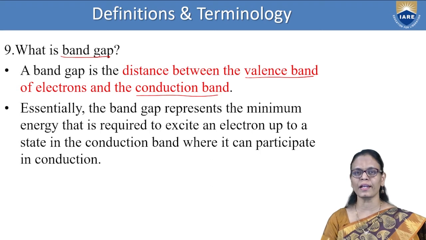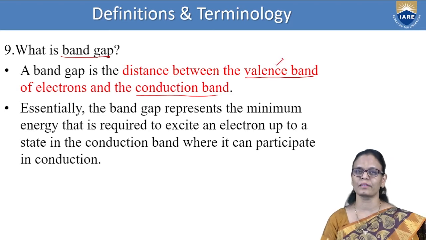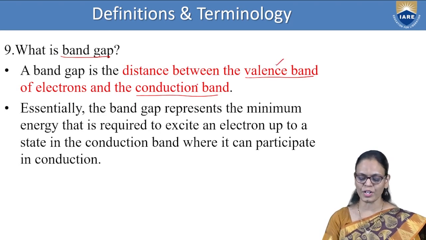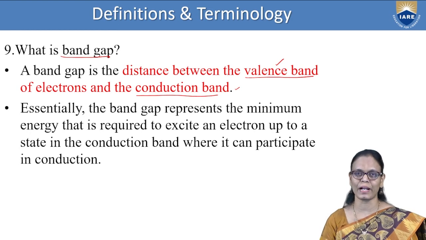So what are valence electrons? Those electrons which are in the outermost orbit we call valence electrons, and the energies of all these electrons put together form a band, which we call the valence band. And the conduction band means the range of energies possessed by conducting electrons.